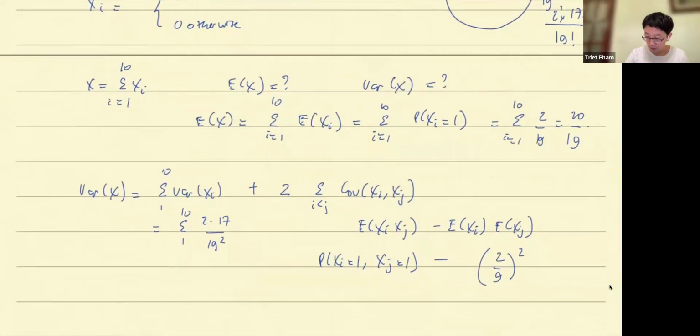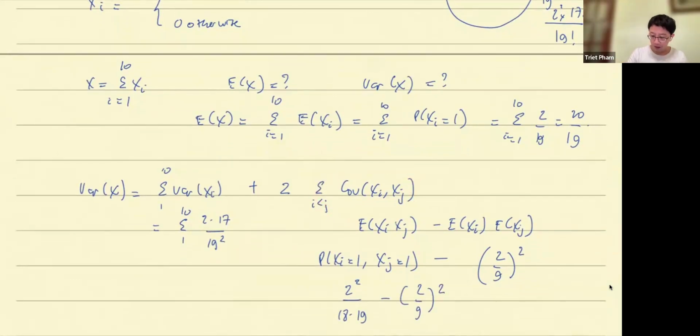So that's 2 squared over 18 times 19. And again, these numbers are the same, so you have something like 10 choose 2 times that. And I think these numbers simplify to something, but I'll leave it for you to figure out. Any question?